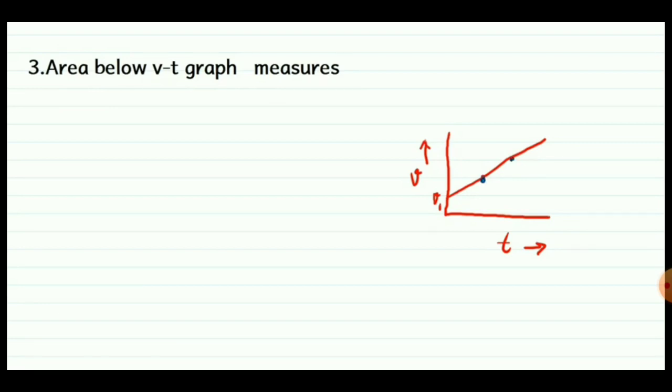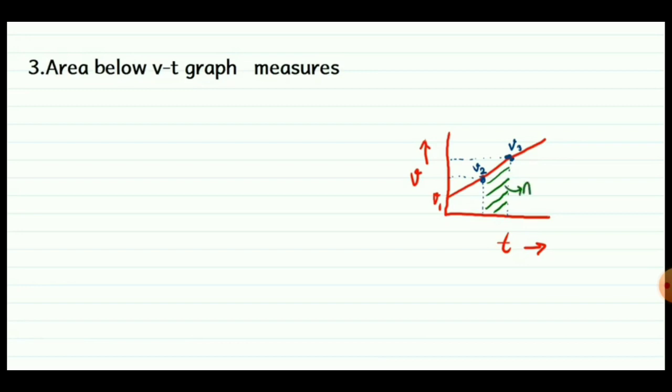If we mark some different points on this line, we can have different values of velocity. Let us name them v2 and v3. Now if we draw lines perpendicular to the time axis, we will have the different times at which the object is having different velocities.